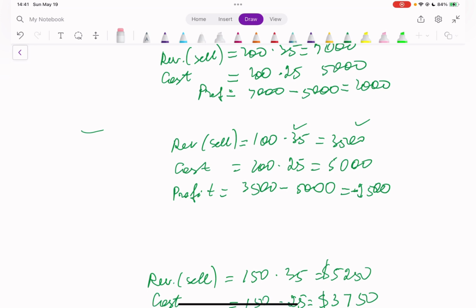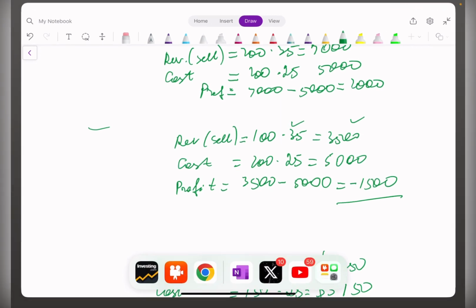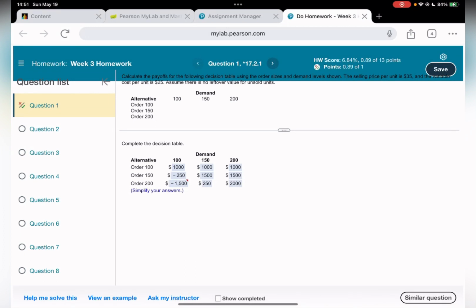Okay. Here it is. 3,500 minus 5,000. Should I say duh to myself? Negative 1,500. Okay, that's where the mistake was. All right, we got it.